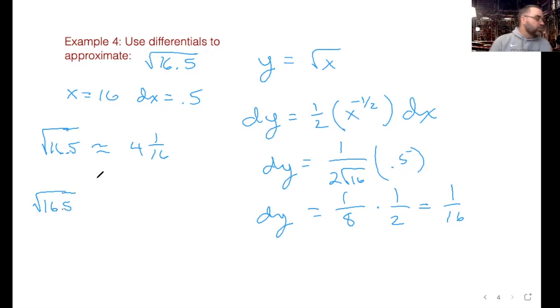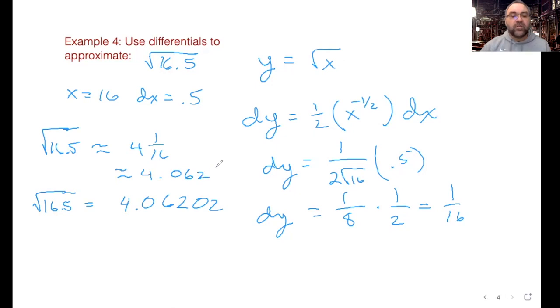It is 4.0602, and 4 and 1/16 is 4.0625. Look how close they are. So we can use that differential to approximate that, and it is really close, right?